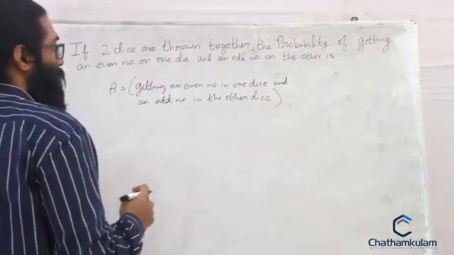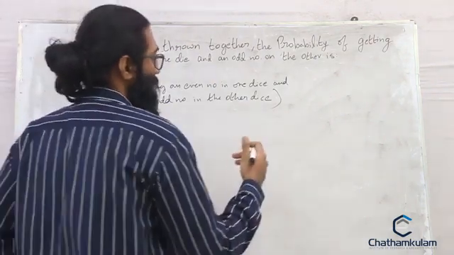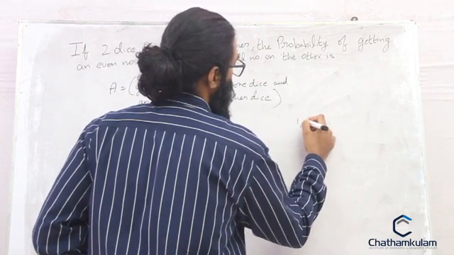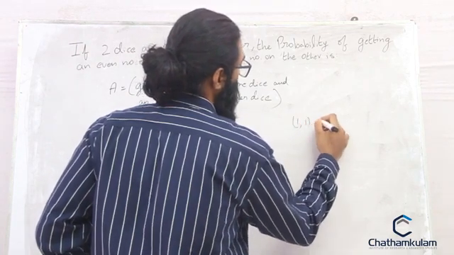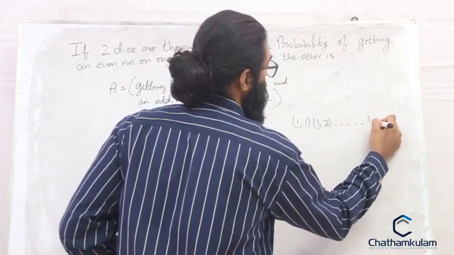So what is the total number of probable outcomes? I will write it here. Total number of probable outcomes are 1 1, 1 2, etc., up to 1 6.